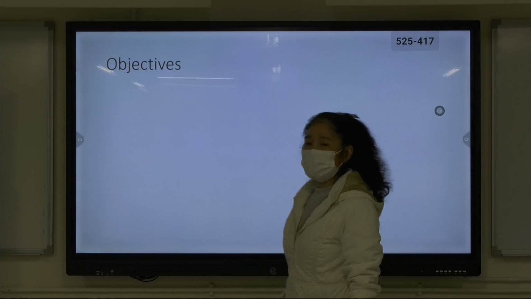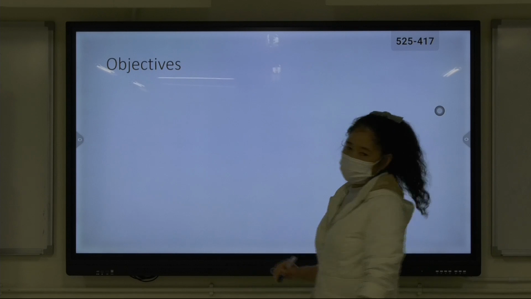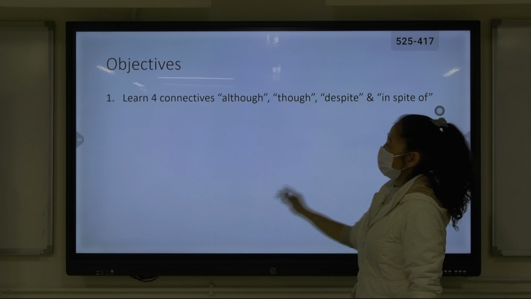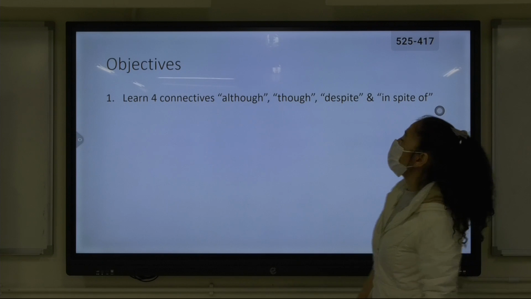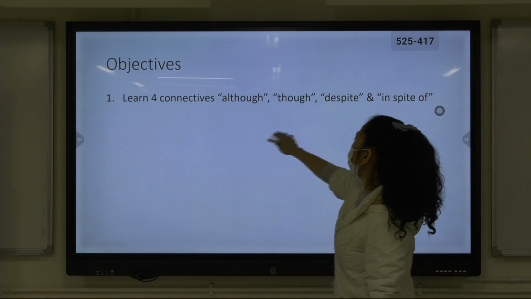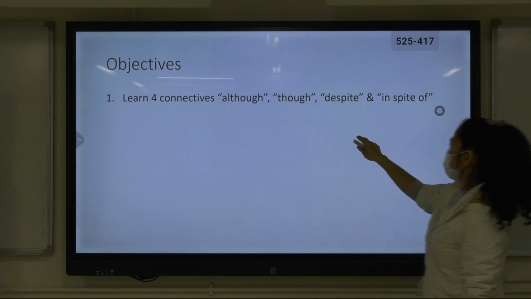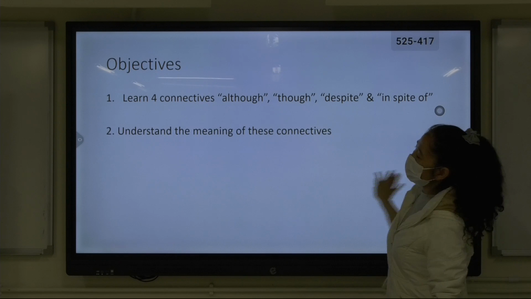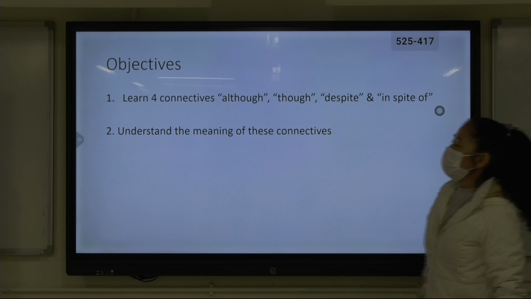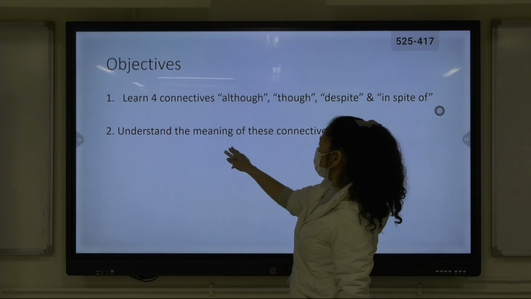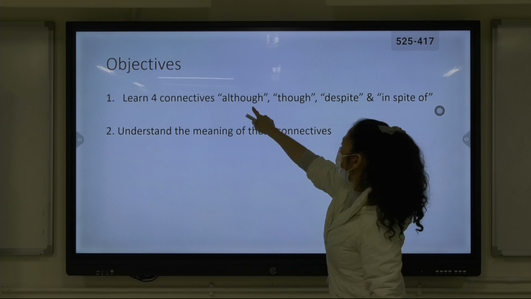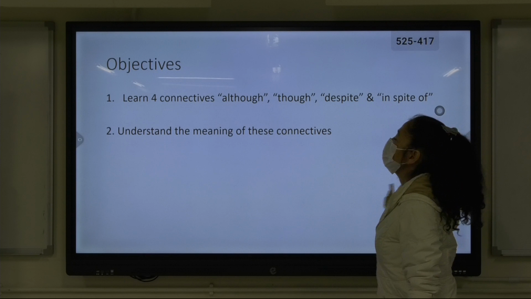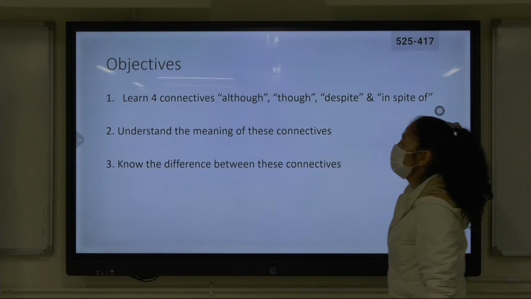Right now, today we are going to learn page 78. Number 1, four connectives: although, though, despite, and in spite of. Number 2, we will try to understand the meaning of these four connectives.